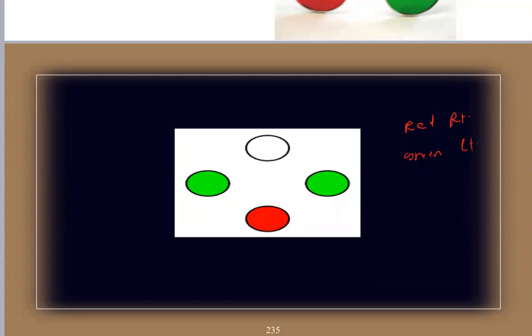Here, what is the result? This will be seen just by the red, and these will be seen just by the green. The white will be seen once by the red and once by the green. So in normal individuals, you will see 1 red, 2 green, and one which is confused between red and green.